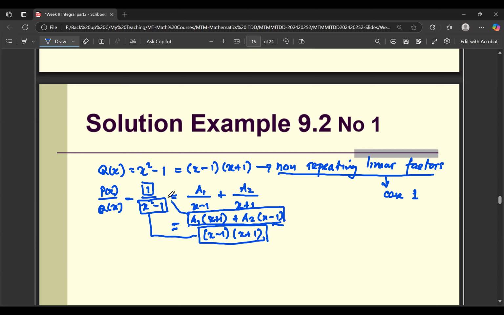It means that A1 times x plus 1 plus A2 times x minus 1 is equal to 1. So we must find A1 and A2.